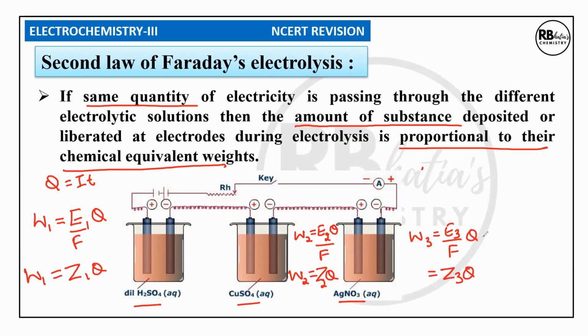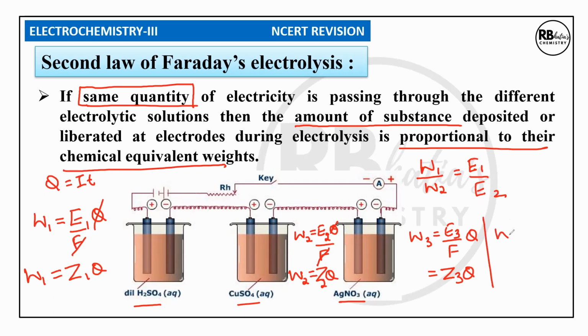Now, why Q in each of the cases? Because we are passing the same quantity of electricity through the three solutions. Now, W1 upon W2 is going to be equal to E1 upon E2. If we take the ratio, Q and F will cancel off, and we are left with W1 upon W2 equal to E1 upon E2.